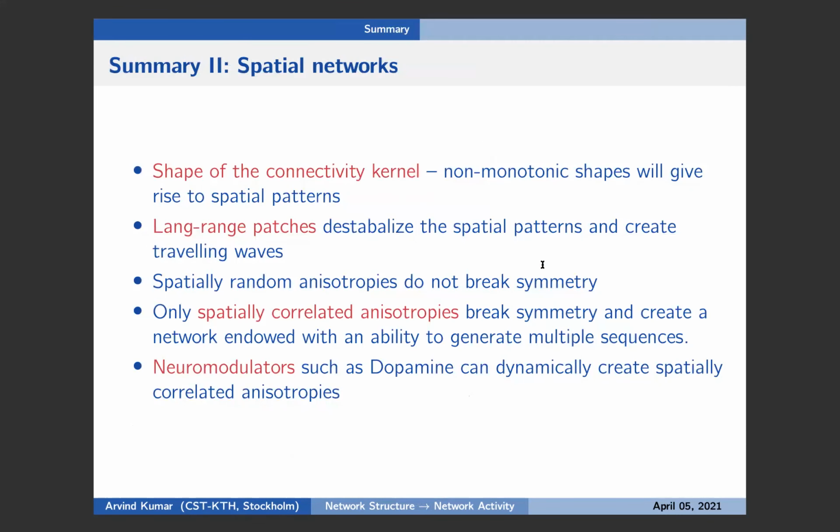So the idea then is that in spatial networks, what matters is the shape of the connectivity. Anything that introduces asymmetries or anything that introduces non-monotonicity in the connectivity kernel is crucial. And those non-monotonicities could arise because of patchiness, but also be dynamically controlled through neuromodulators.